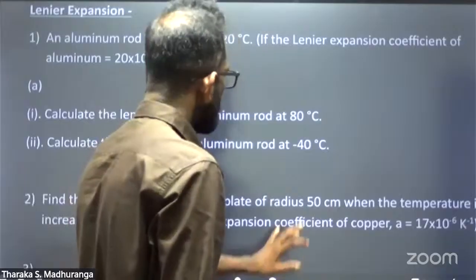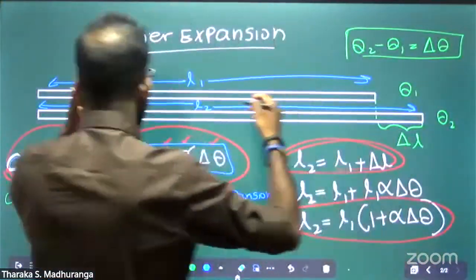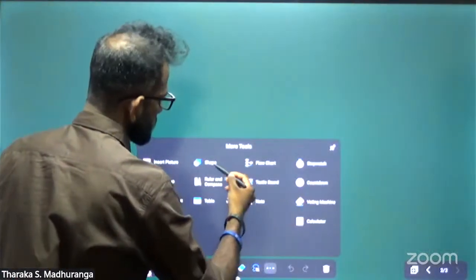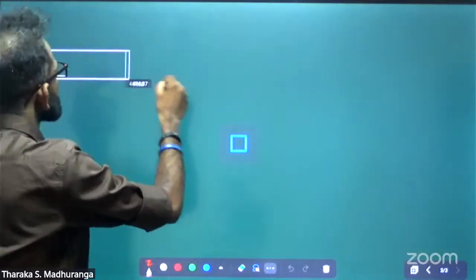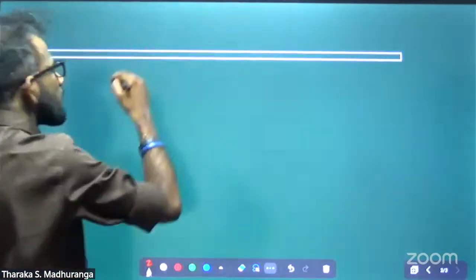Okay, I'll explain this first question. There is an aluminium rod.